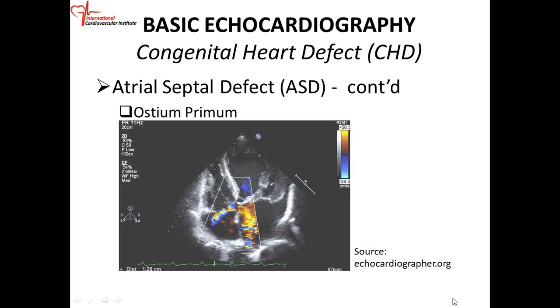And so for these babies to survive, they need a PDA. Remember, your PDA connects the pulmonary circuit to the descending aorta. If you have that type of connection, then these infants can survive. However, they may need surgery. All right, so this is the hypoplastic left heart syndrome.